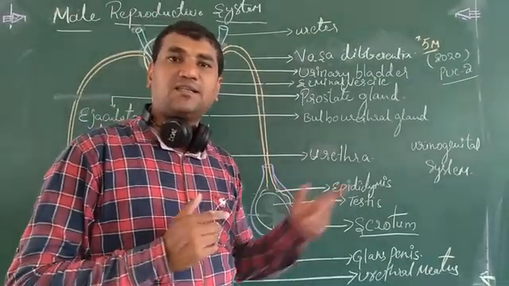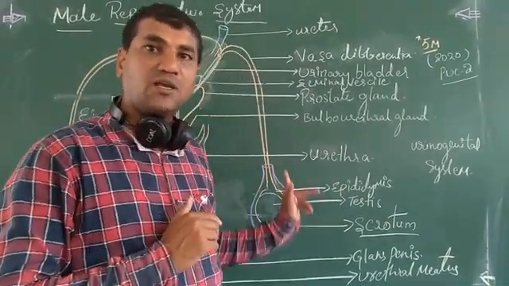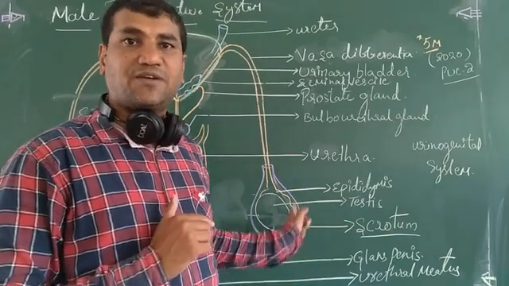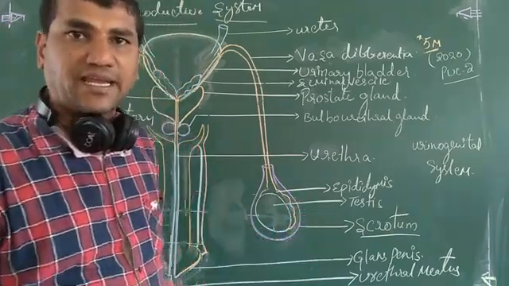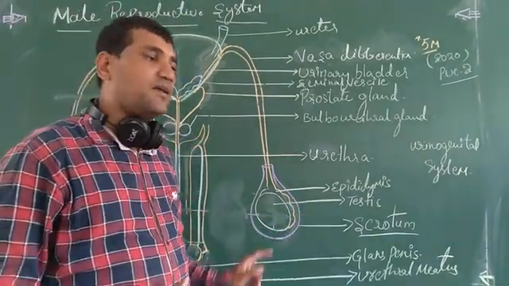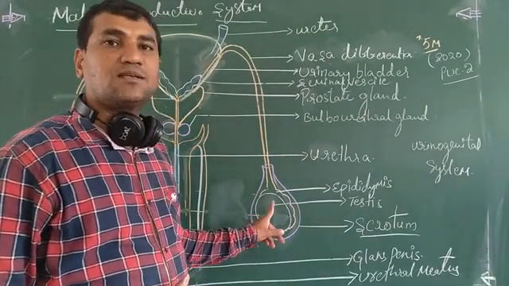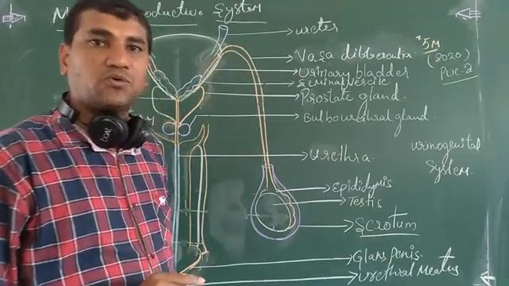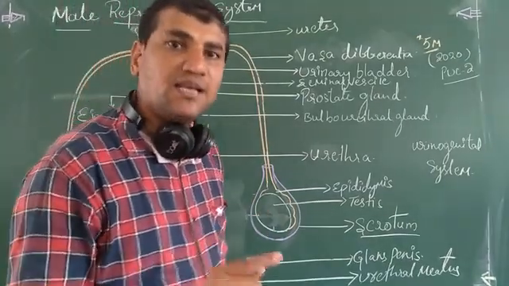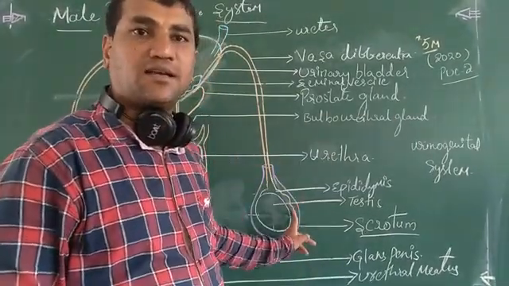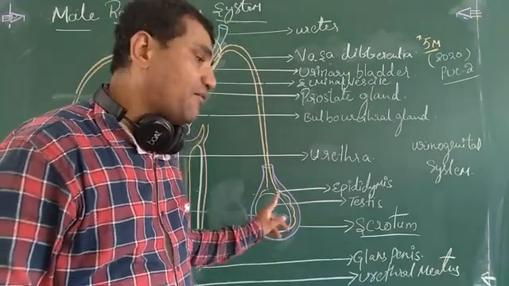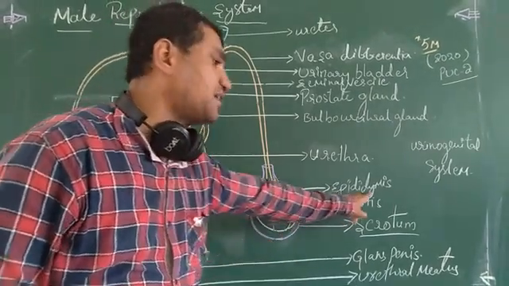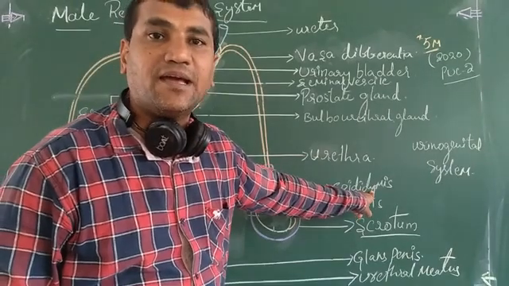So you cannot see the seminiferous tubules, rete testis, vasa efferentia here. We will discuss their parts again, but the testis through the seminiferous tubules are connected to the rete testis. Rete testis is connected to the vasa efferentia. Vasa efferentia is connected to the epididymis.